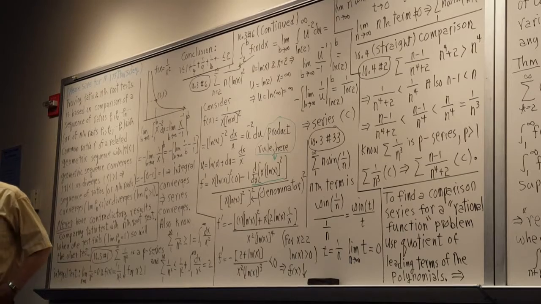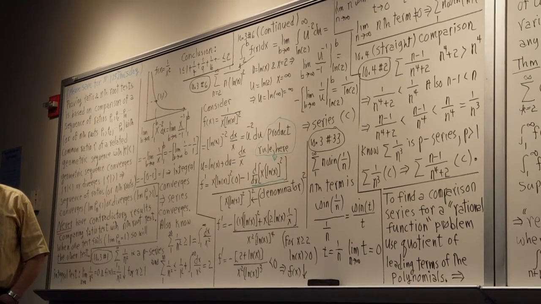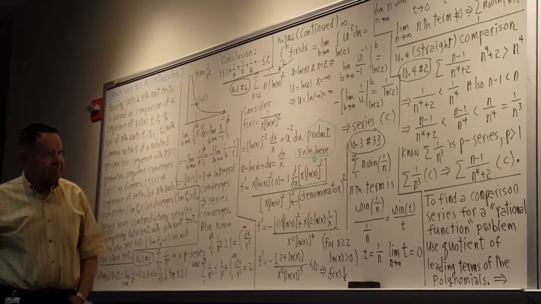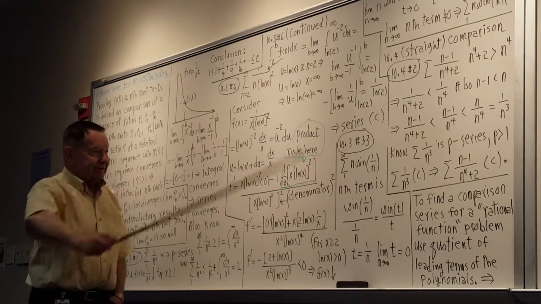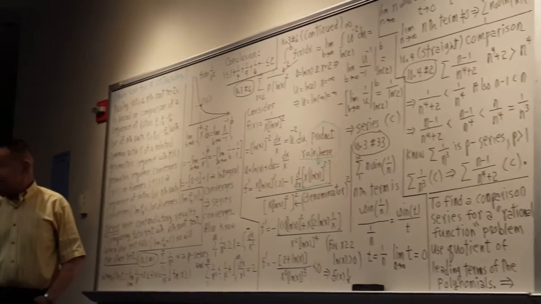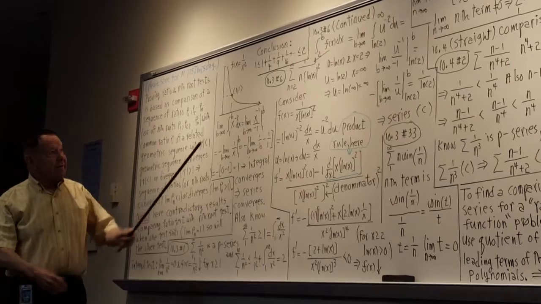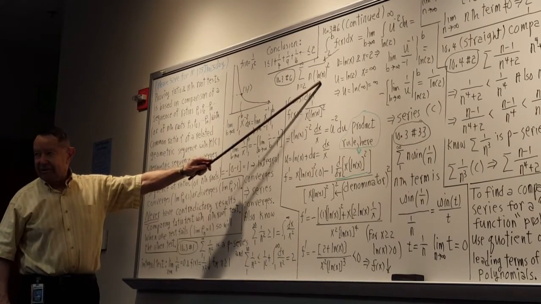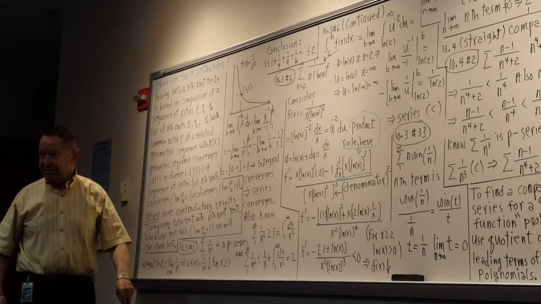So you do get a positive number, so the thing does converge. So series converges. So this is an example of using the integral test for a series where it isn't at all obvious whether the thing would converge or diverge.